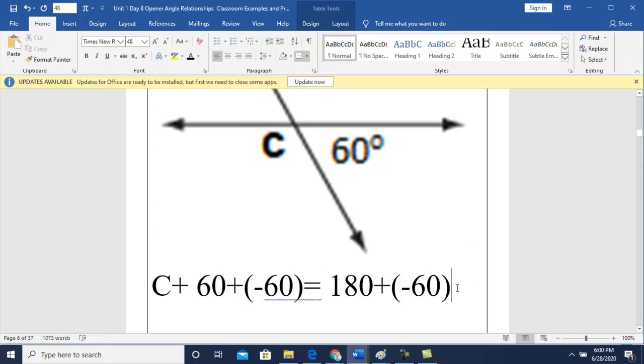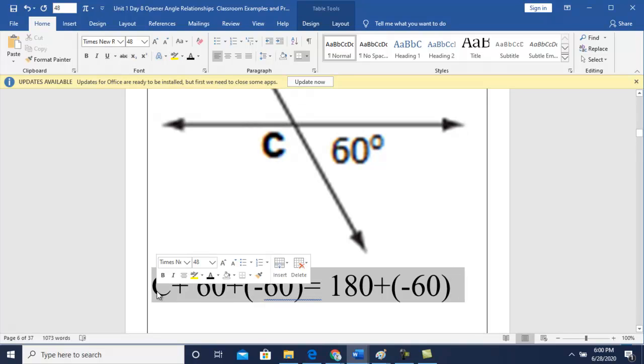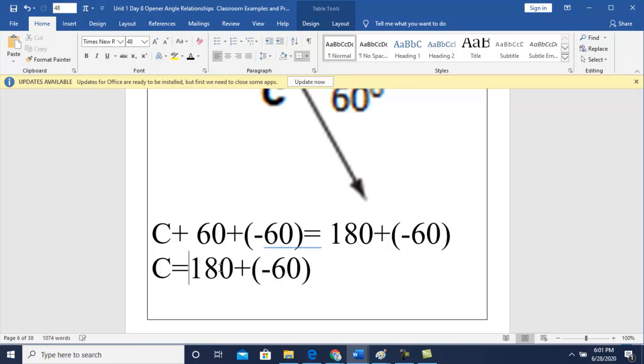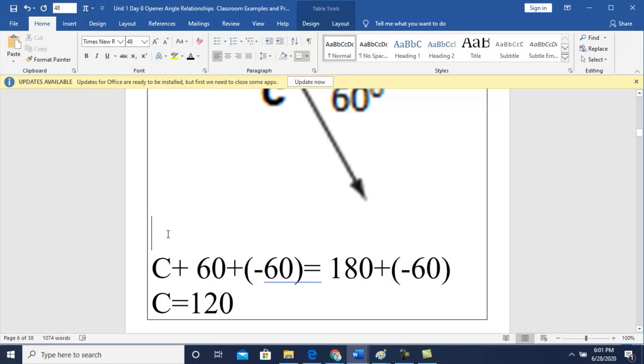So then what we have to do is simplify. The 60s are going to cancel out. And then on the right side, we would take 180 minus 60, and that would give you 120. So remember, anytime that you have a linear pair, you add the two angles together, and that always has to equal 180.